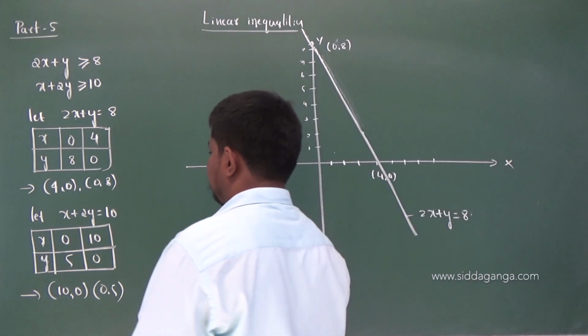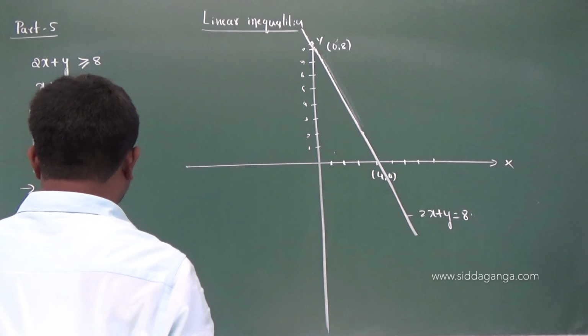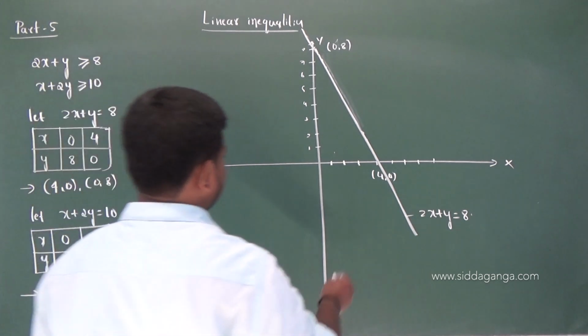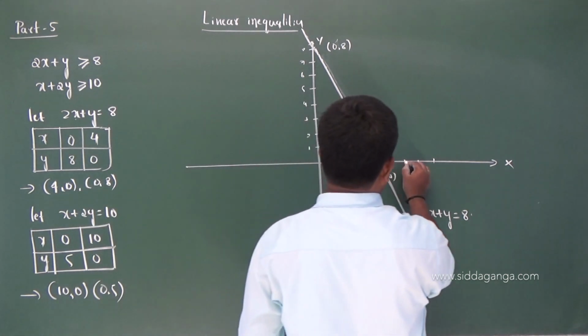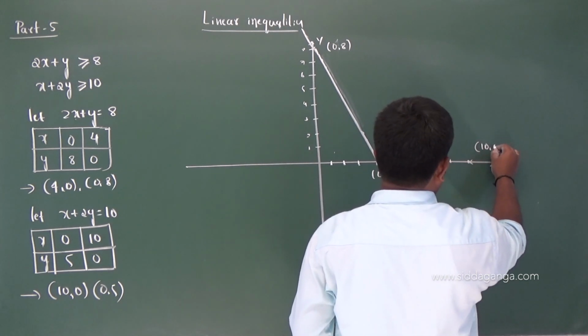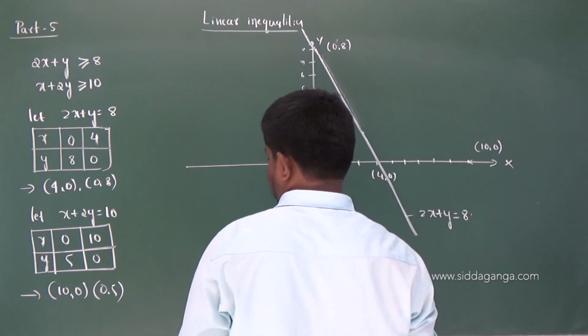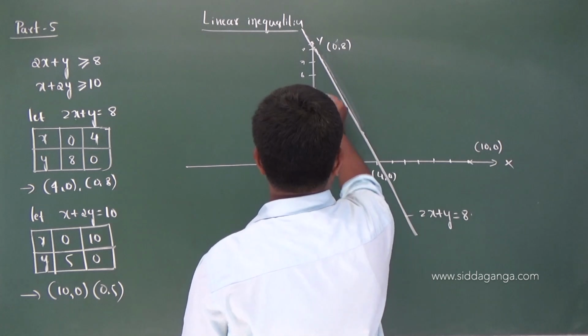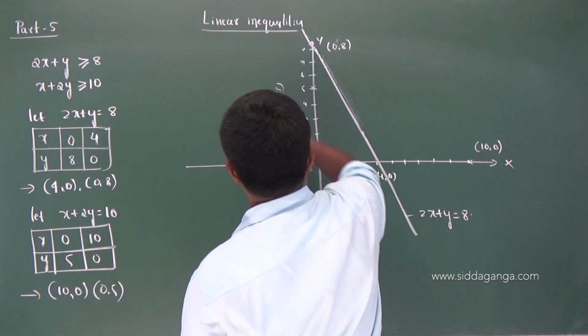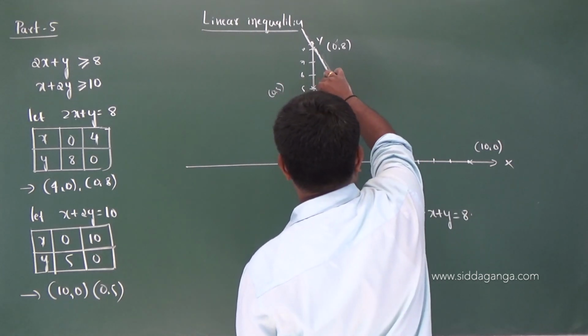Next, the second line x plus 2y is equal to 10 passes through (10, 0) and (0, 5). 1, 2, 3, 4, 5, 6, 7, 8, 9, 10. This is your (10, 0) and (0, 5).